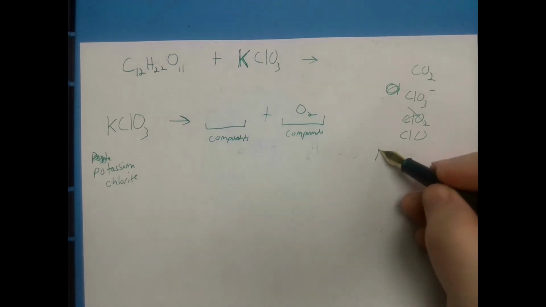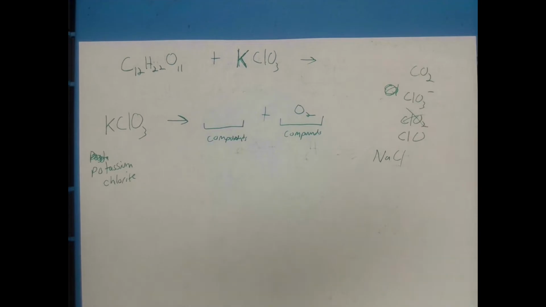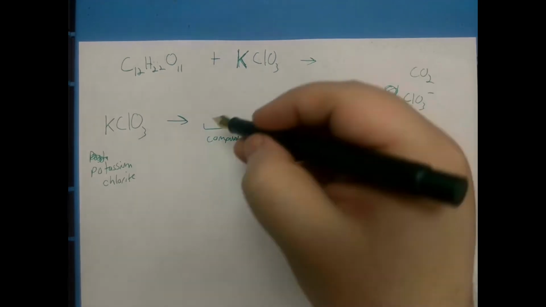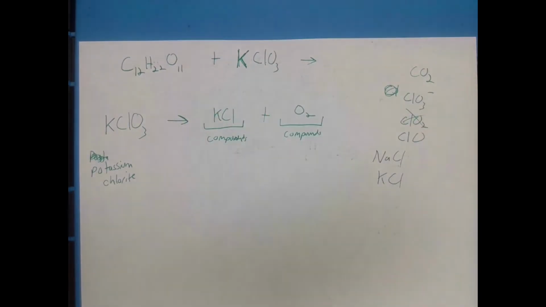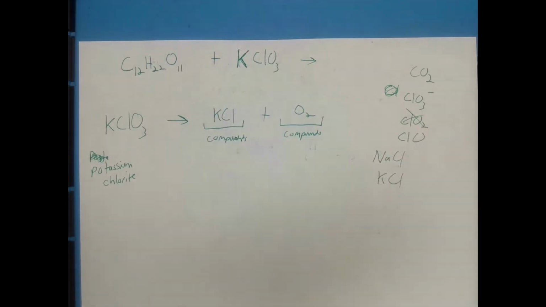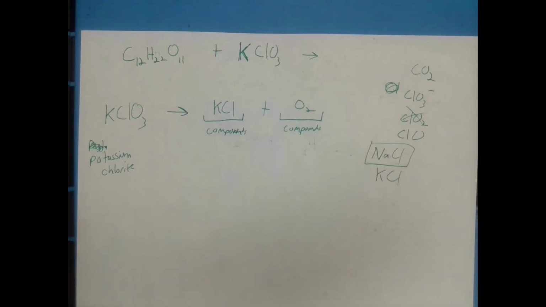And you are used to table salt, right? NaCl. I was going to say potassium chloride, but I didn't think there would be an oxygen like that. So potassium chloride is a very common ionic compound. It's a salt substitute. It's very similar to regular table salt. Has very similar properties. There's not much difference between them.